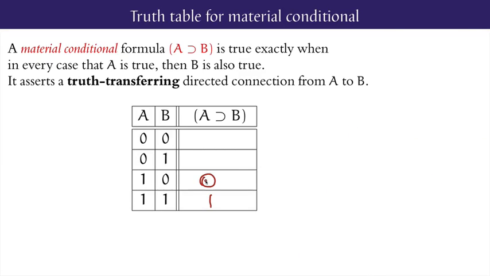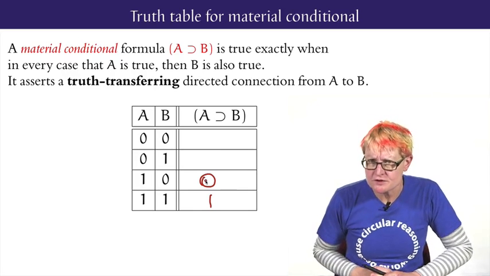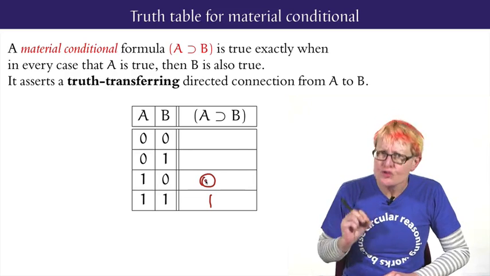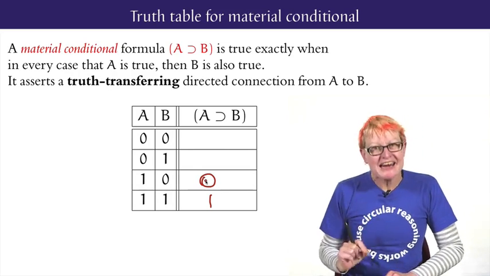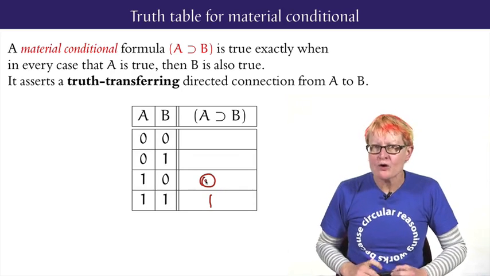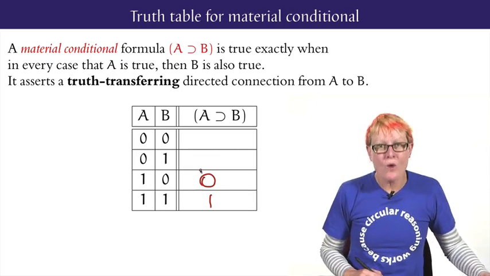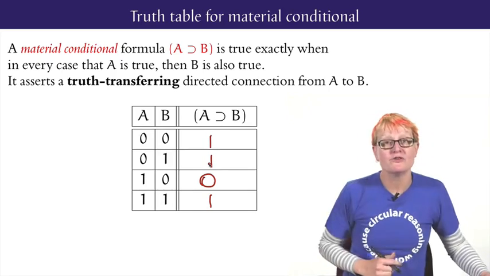The other two rows of the truth table cover the cases when A is false. In these cases, there is no truth in A to transfer. So we end up with the conditional A horseshoe B being true, and we write 1 in the first and second rows of the truth table.